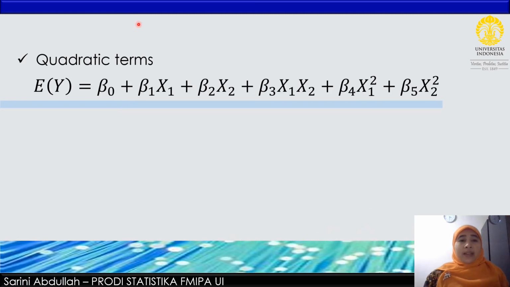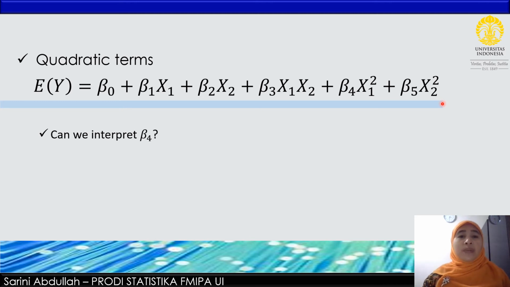In the quadratic models, in addition to the interaction, we also include the quadratic terms of x1 and x2. The question is that we have similar issues as with the interaction model.